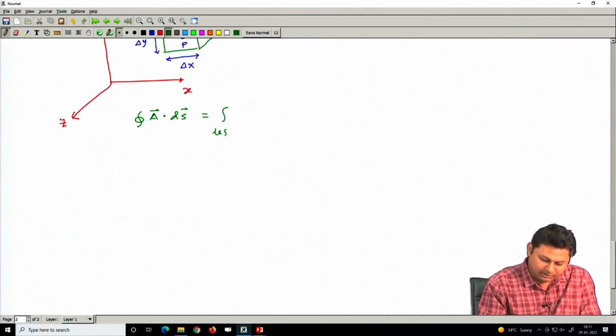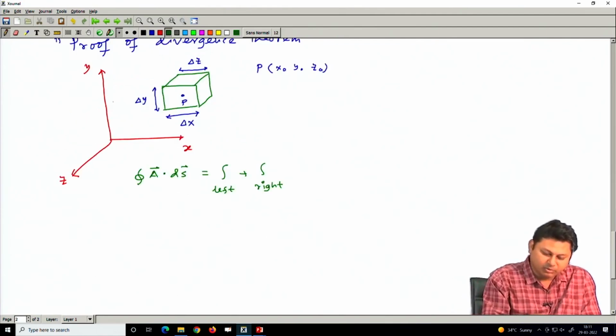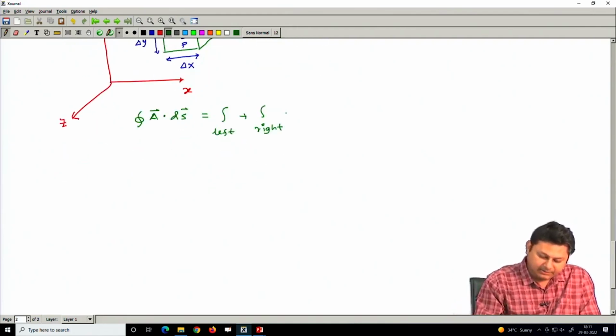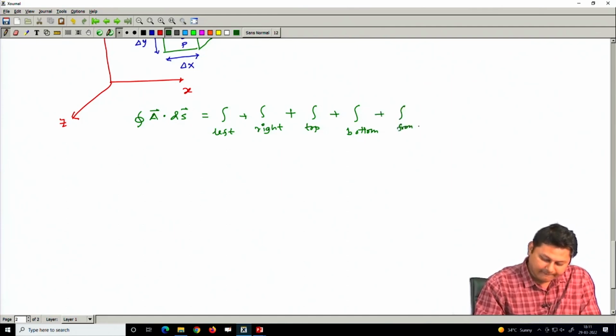One is the left surface, another is the right surface. Left surface means I am talking about this one, right surface means this one. Another is the top surface, another is the bottom surface, another is the front surface, and another is the back surface.